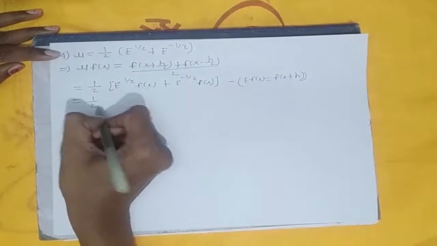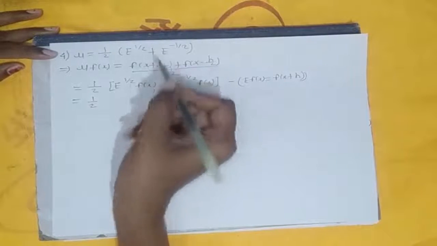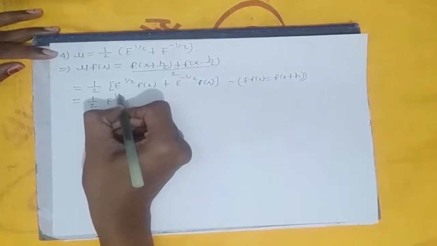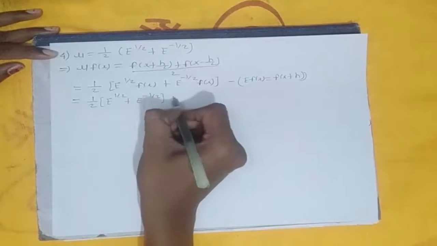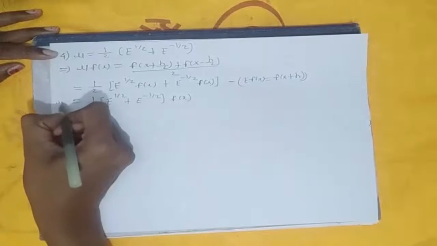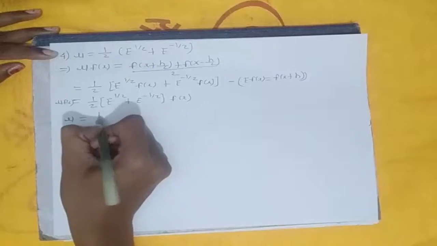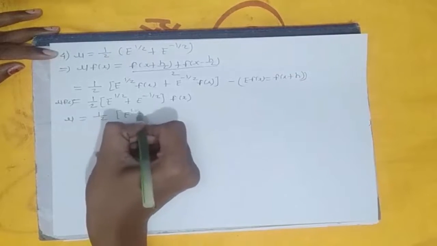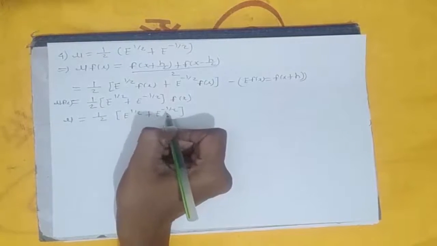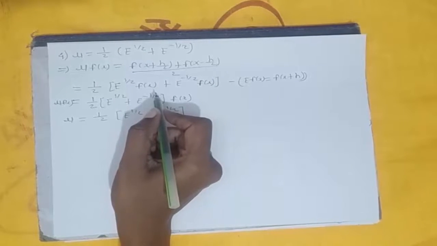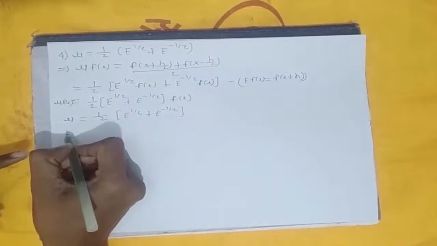Again we take 1 by 2 and here we get directly e raised to 1 by 2 plus e raised to minus 1 by 2, and f of x outside. Then in the LHS, mu f of x, again f of x being the arbitrary function, we get mu is equal to 1 by 2 in bracket e raised to 1 by 2 plus e raised to minus 1 by 2. That is, we get this identity directly from the definition of the shift operator and averaging operator.